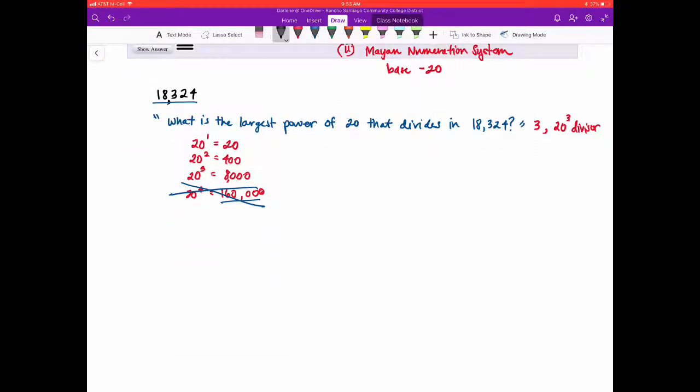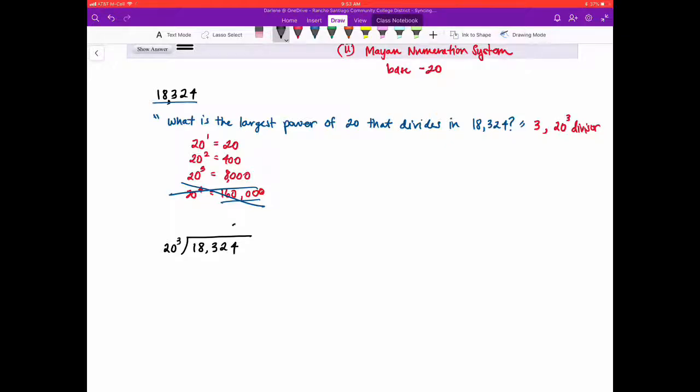Okay, so let's rewrite this as 20 cubed. That divides into 18,324. So we can put 18,324 and divide that into 20 cubed.